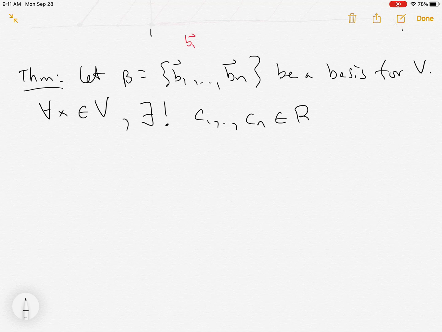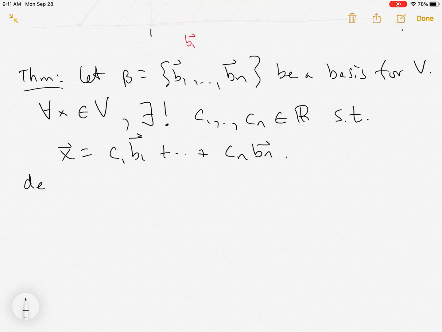These are scalars, such that x equals C1 B1 plus ... Cn Bn. We've been saying this all semester.